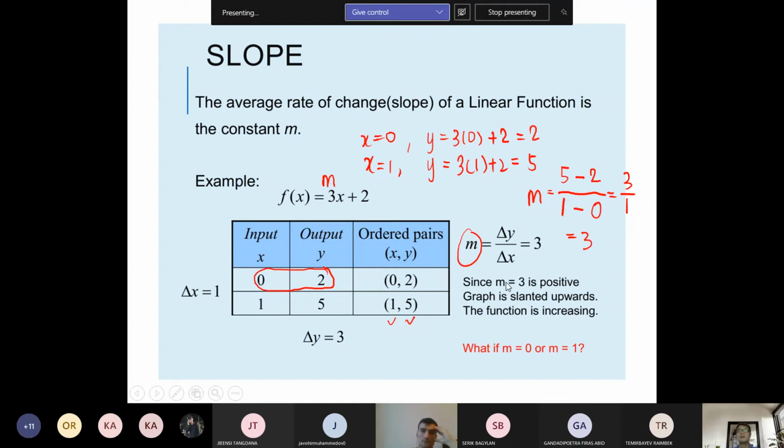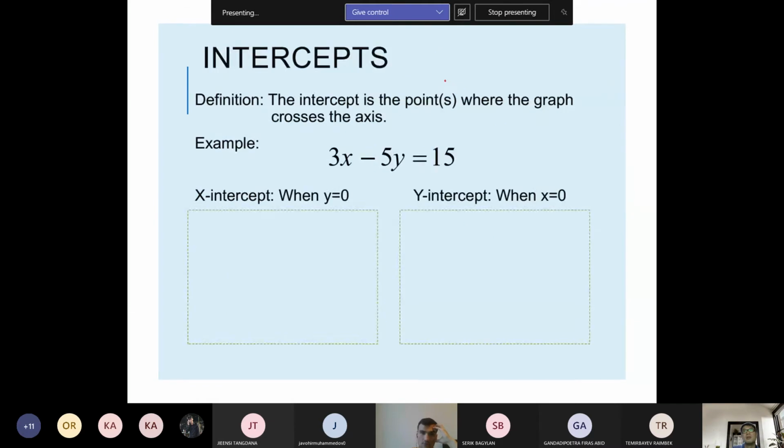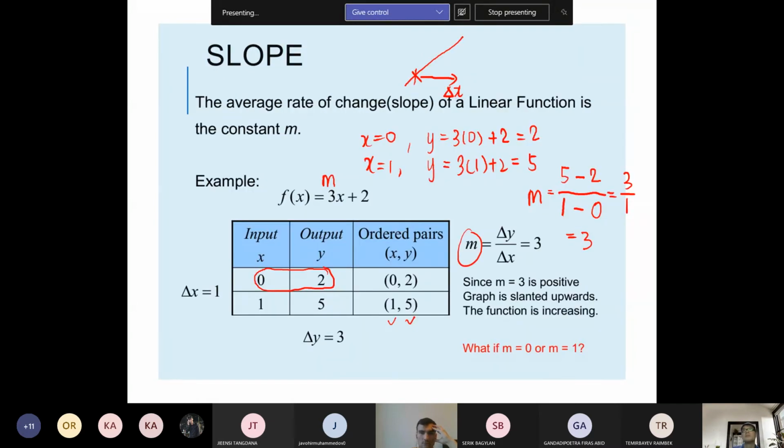Now, when the slope is 3, this is a positive value. This is important. It means that when the x is increased by 1 unit, now how do I know the x is increased by 1 unit?